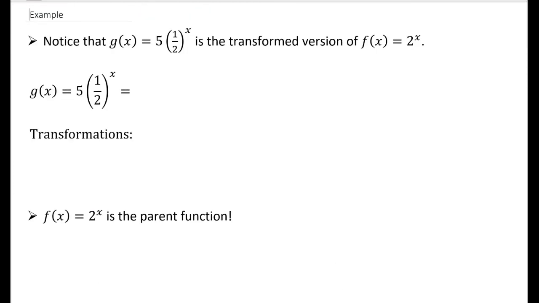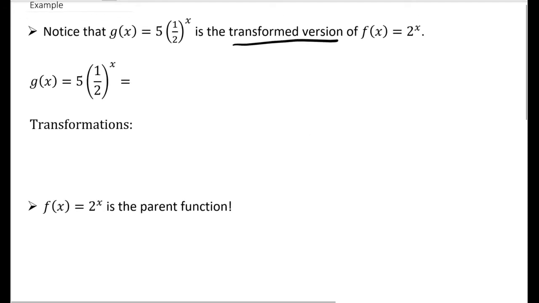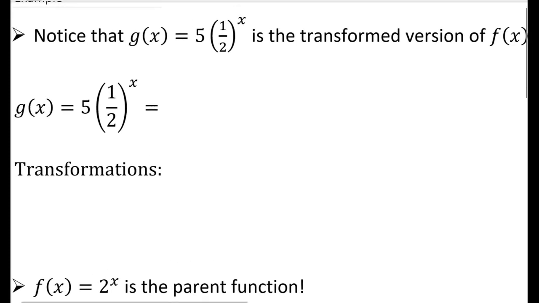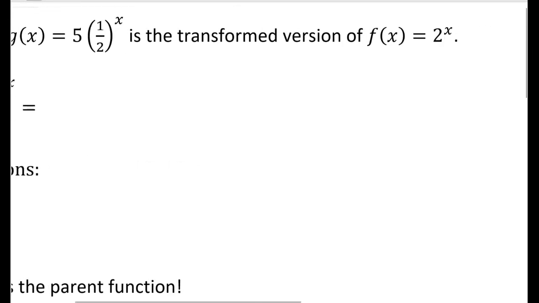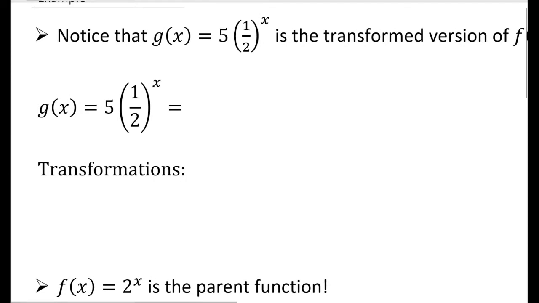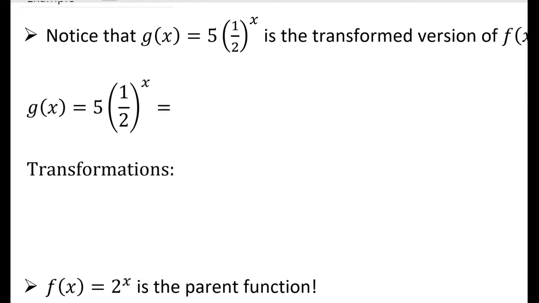All right, now notice that g of x is actually the transformed version of f of x. So let's show you why that's the case. We're going to transform g of x so that it looks like f of x. How do we do that?